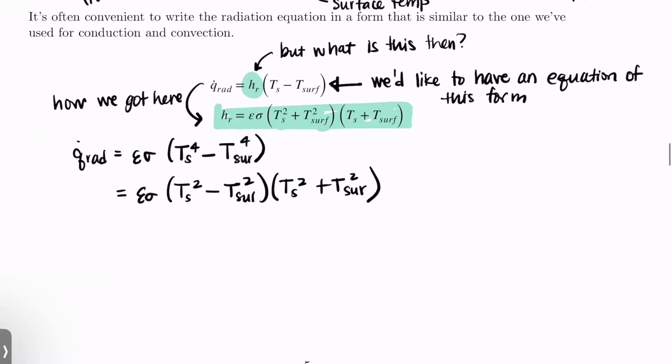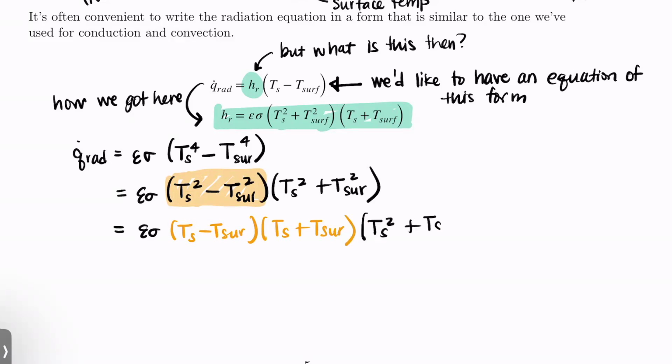And then I'm going to do that again for this yellow one. I'm going to highlight this one. I'm going to expand this out once more. So I have epsilon sigma times Ts minus T sur times Ts plus T sur. And then I'm going to keep around my Ts squared plus T sur squared.